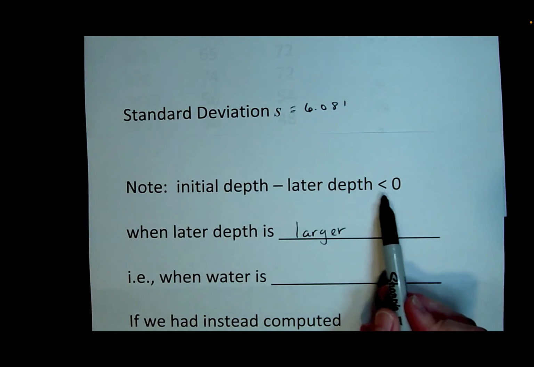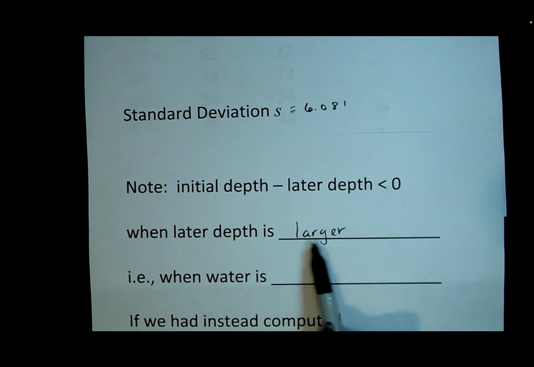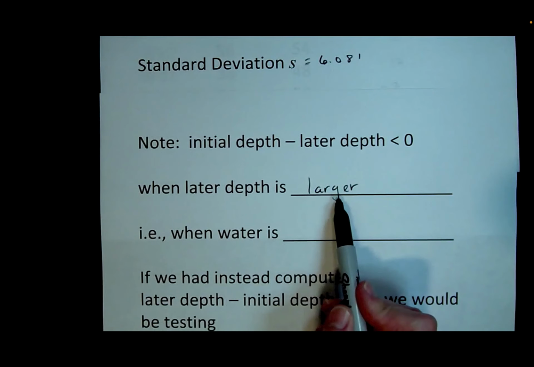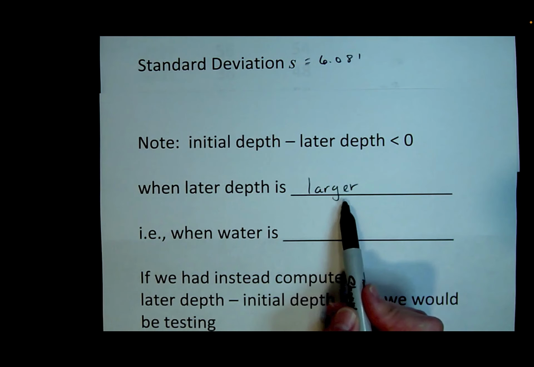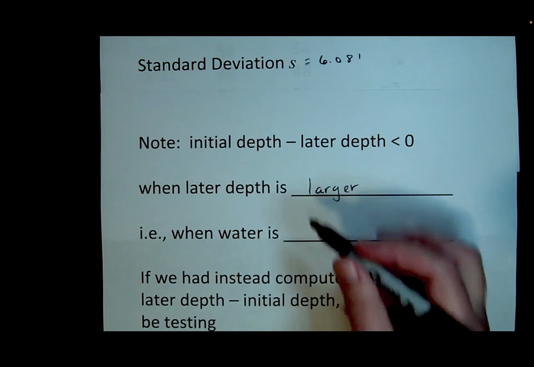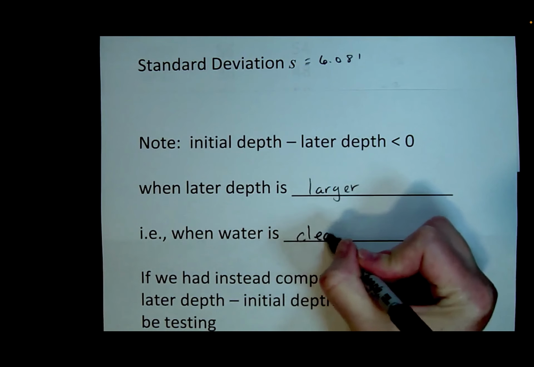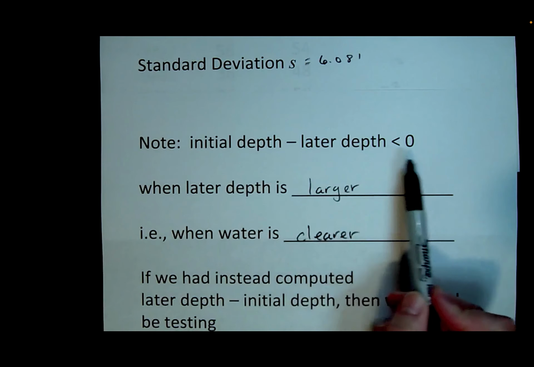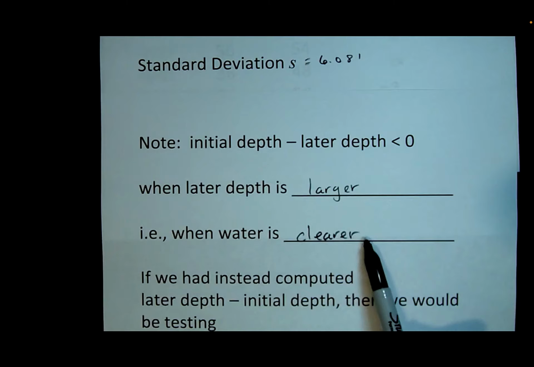So I'm going to have negative answers when the later depth is a larger number. In other words, and remember, having a later depth be larger means that you could see further into the water. So the water is clearer. So it's when this difference is negative that we have clearer water.